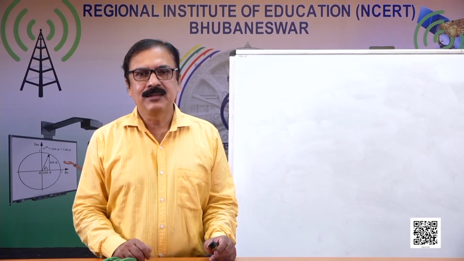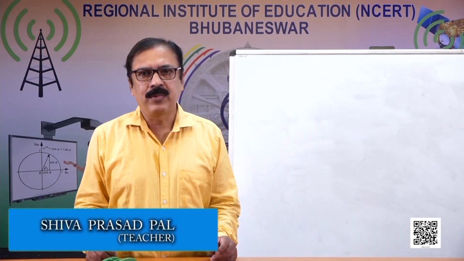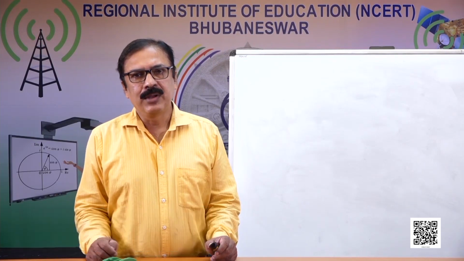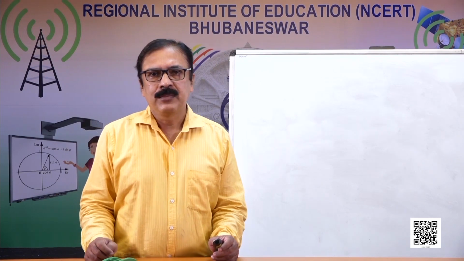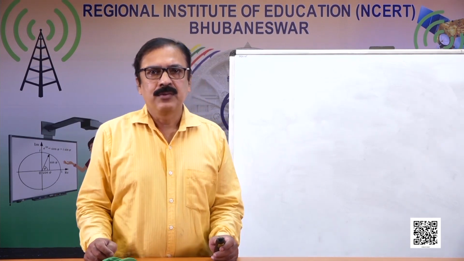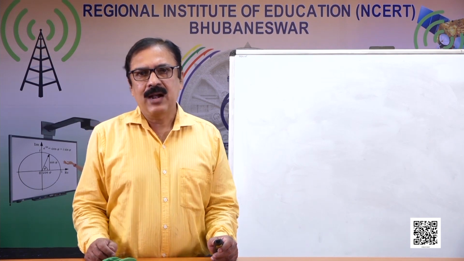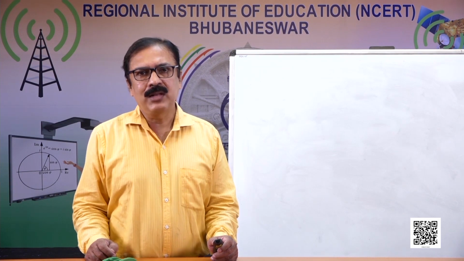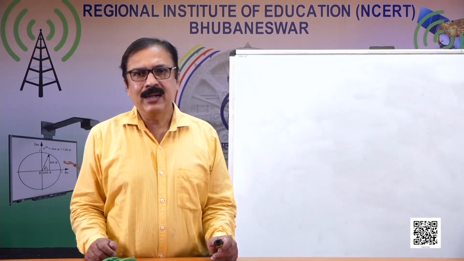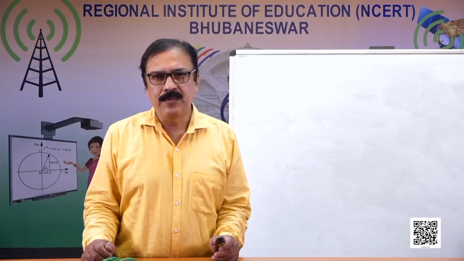Welcome students. Earlier we discussed polynomials, in which we discussed the factor theorem. In the factor theorem we substitute a value of x, and if we get the polynomial value as 0, we can find the factors of the polynomial.